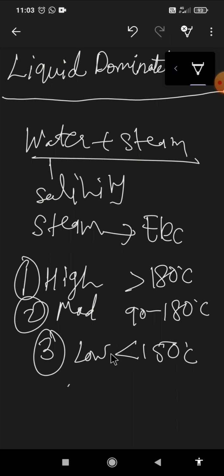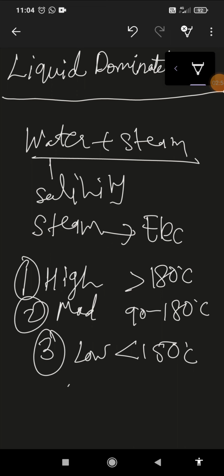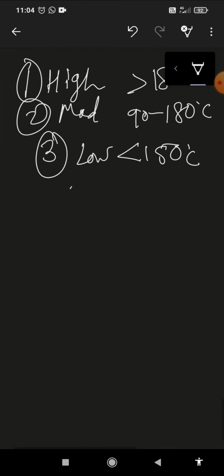So we'll see all three systems based on different temperature ranges having similar construction but with a few differences. We'll start with the liquid dominated flash steam system.